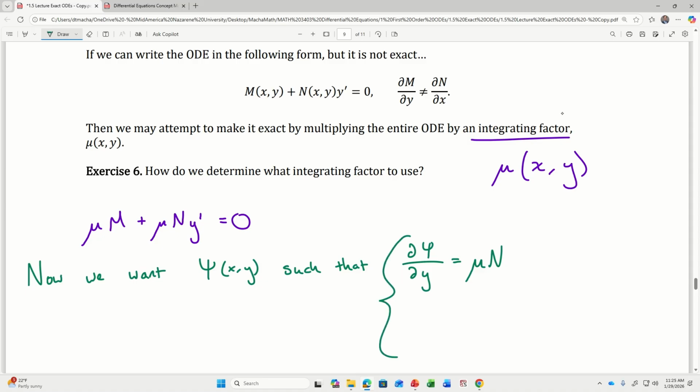And instead of having my partial of psi with respect to x just be equal to m, I want this to be equal to mu times m.